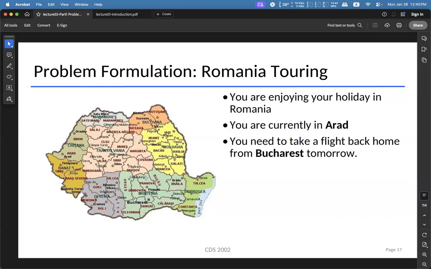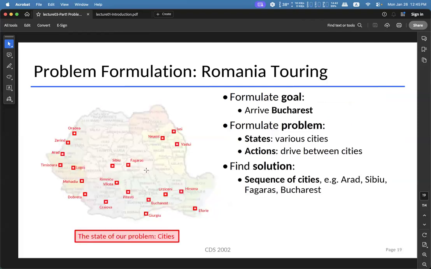As a result, we try to convert it into a simpler form. We are considering traveling from Arad to Bucharest, so we only need to keep track of the places that we can go to by the mass transportation that we have in Romania. So we just put the places down.